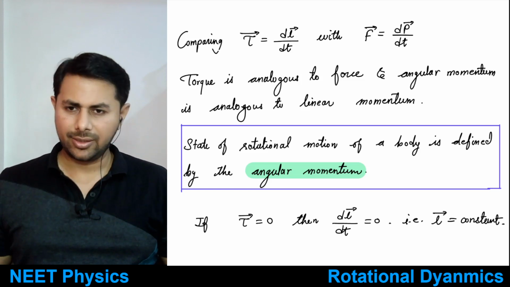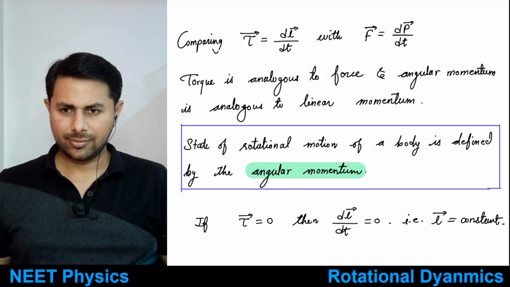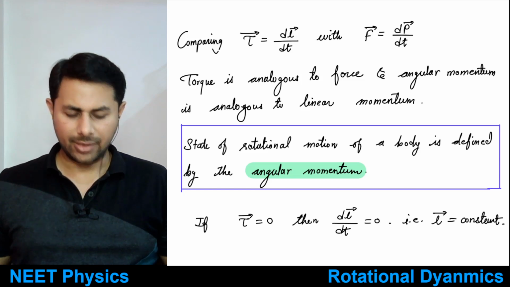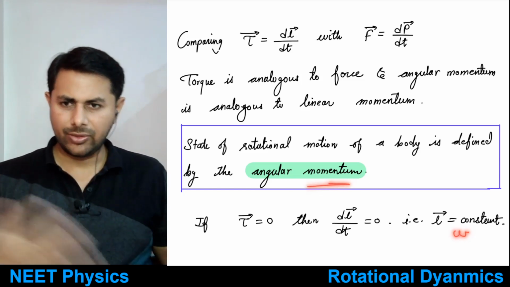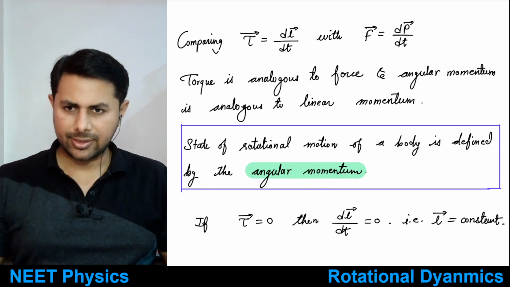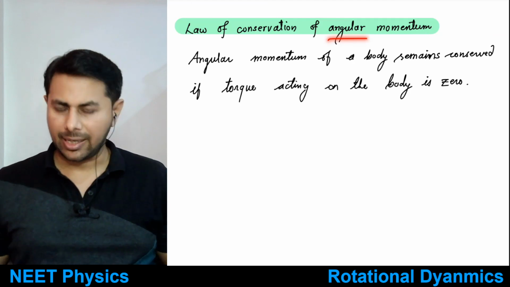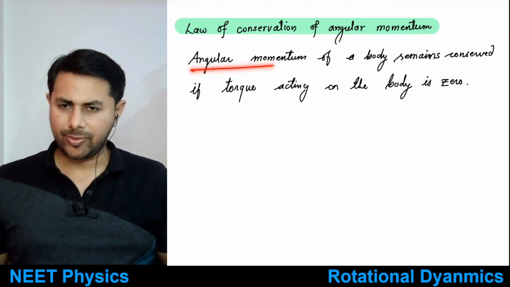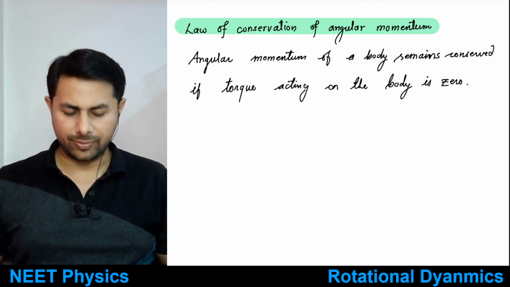Is this clear? Right now I am not relating angular momentum with angular velocity, but we'll relate that afterwards. So this is the law of conservation of angular momentum: the angular momentum of a body remains constant if the torque acting on the body is equal to 0.